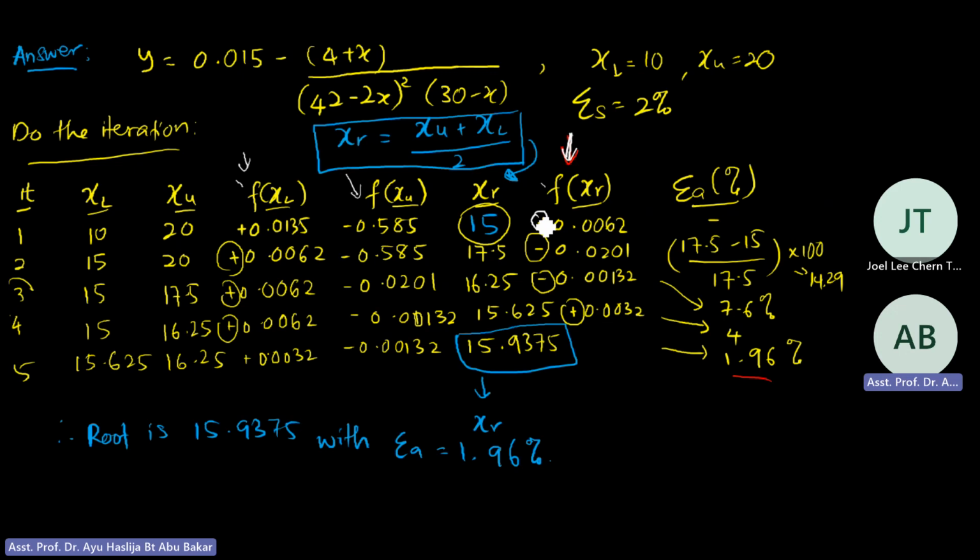So for the next iteration, in order to decide whether XR is XU or XL, we check the FXR value. This is positive, so this positive will replace the previous positive value. The first iteration, this is positive, so for the second iteration, it will replace this value. That's why here you have the positive value. This is from the FXR.